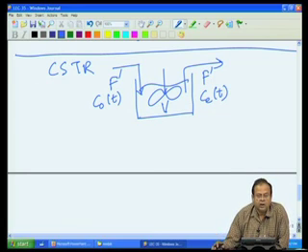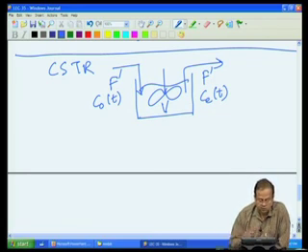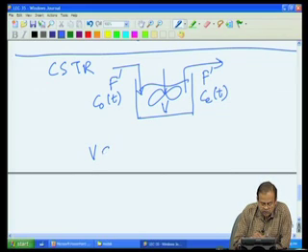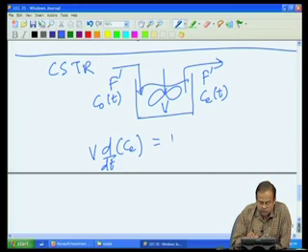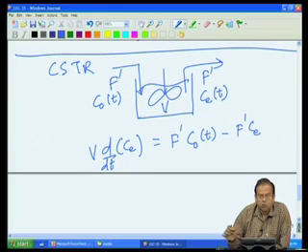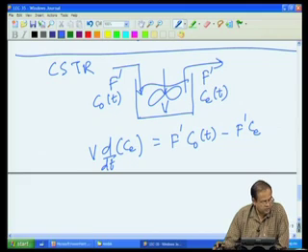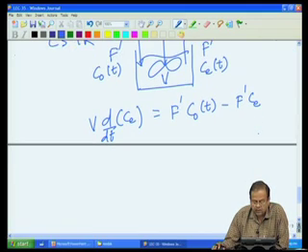I can go back and do a mass balance equation, which in this case will be the accumulation is what is coming in minus what is going out, as simple as that.